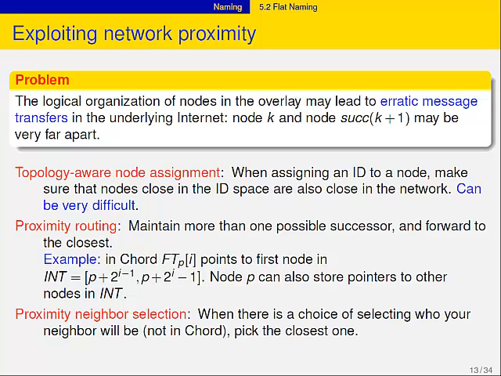Essentially what Chord does, it tries to get as close as possible to a key by means of its successor function. And what happens in Pastry is that you pick a node and you look at its neighbors, and then you decide on which real neighbor you're going to take. And that's where you have this choice of picking the one that's closest to you. In general, exploiting network proximity is a nasty problem in overlay networks.